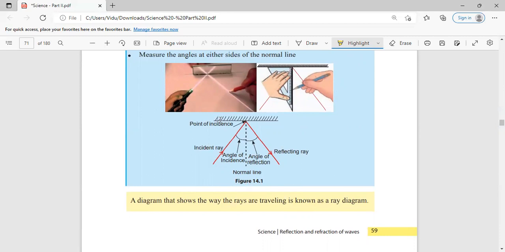These points, point of incidence, angle of incidence, angle of reflection, incident ray, reflecting ray, all these points and rays you are going to learn in the subtopic laws of reflection.